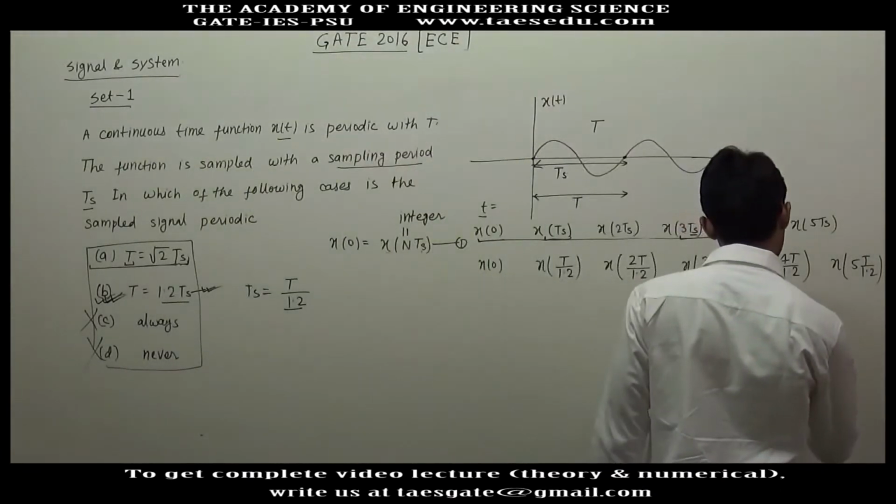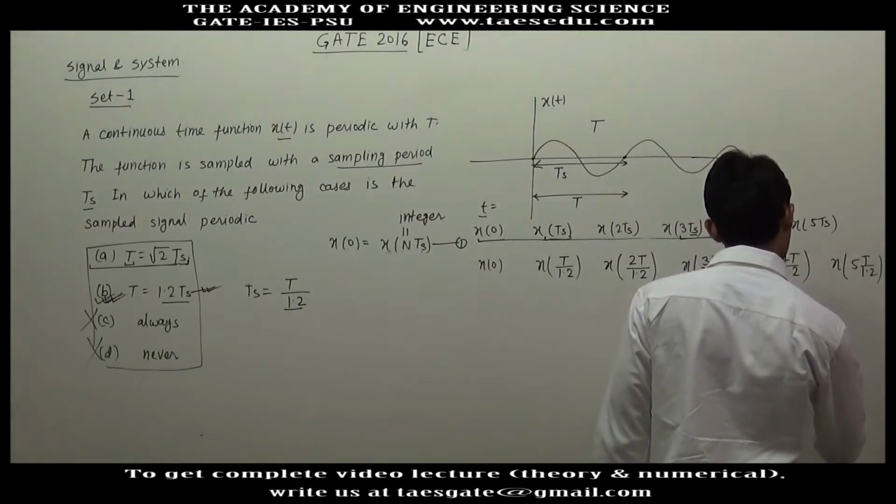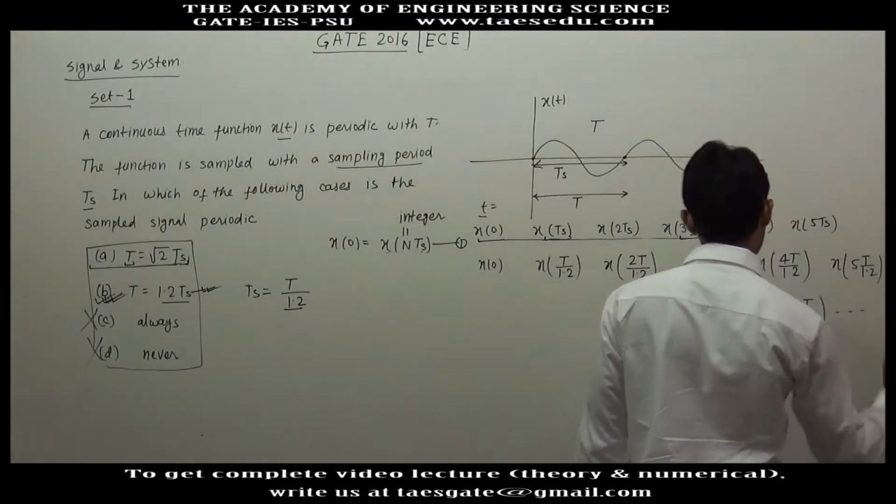Here the 7th sample will be 7T divided by 1.2, and so on.